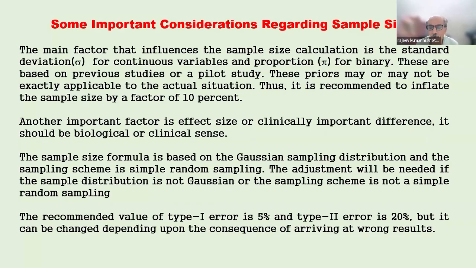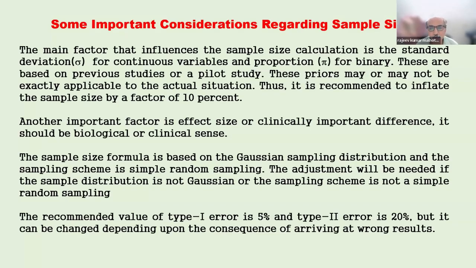Suppose I increase my clinically important difference to get a small sample size, but that is not feasible, so you don't get the result. Generally, this happens in MD theses. They want a small sample size, so they increase the clinically important difference to get it. That should make biological or clinical sense.